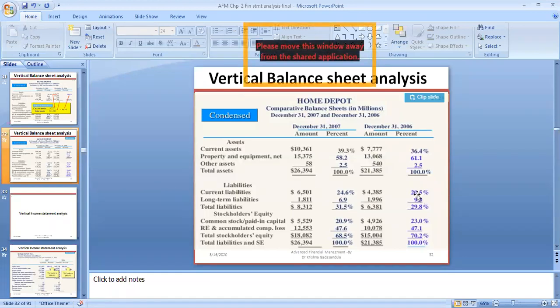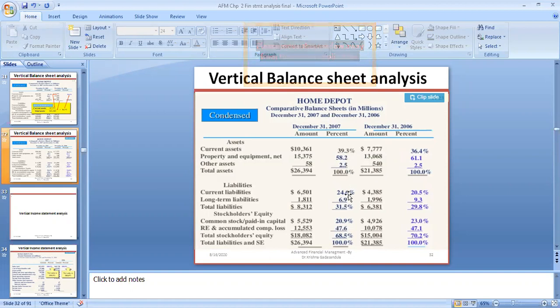At the same time, if we see current liabilities, the previous year 20%, the current year 24%. Here current assets also increased, current liabilities also increased. As per the current liabilities, they are maintaining current assets.